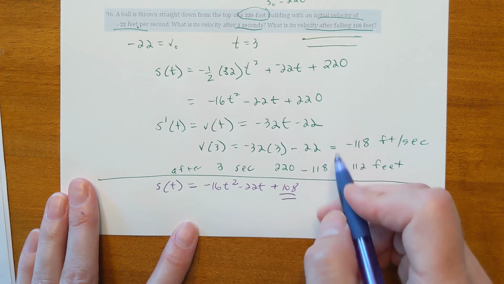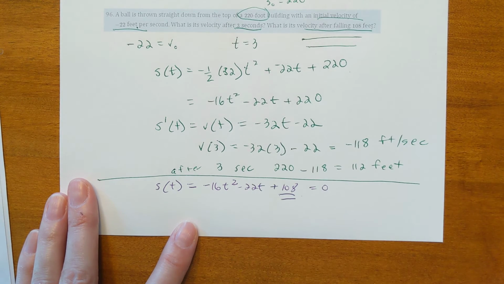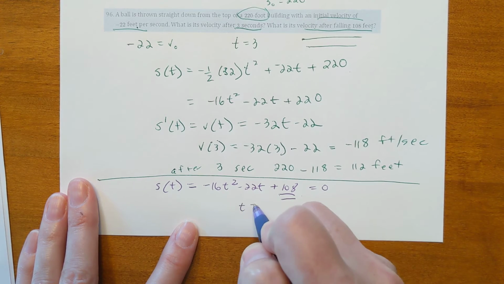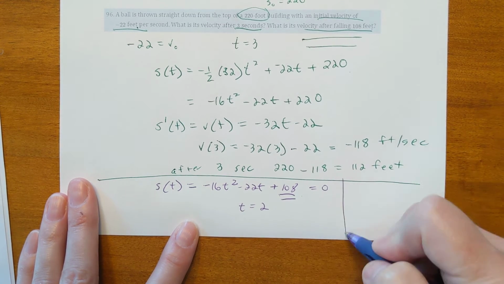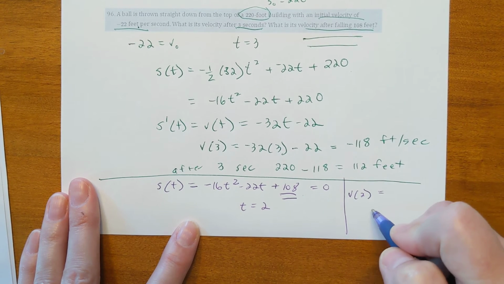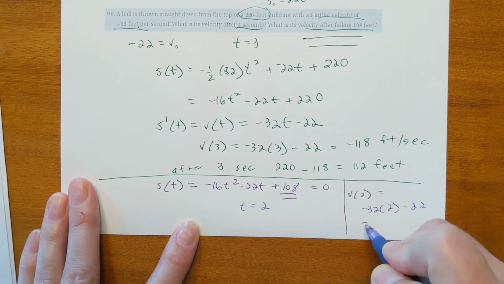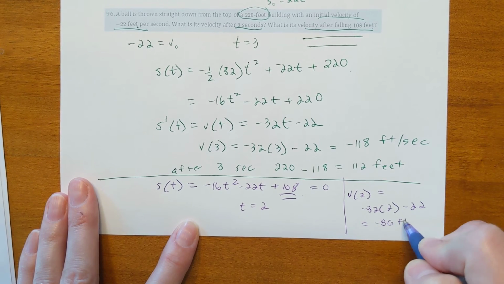If you solve that equation for 0 to find out what the time is, you could factor it or do the quadratic formula. You'll get that the time is equal to 2. So then you want to do the velocity at 2 seconds. That would make it negative 32 times 2 minus 22, which is negative 86 feet per second.